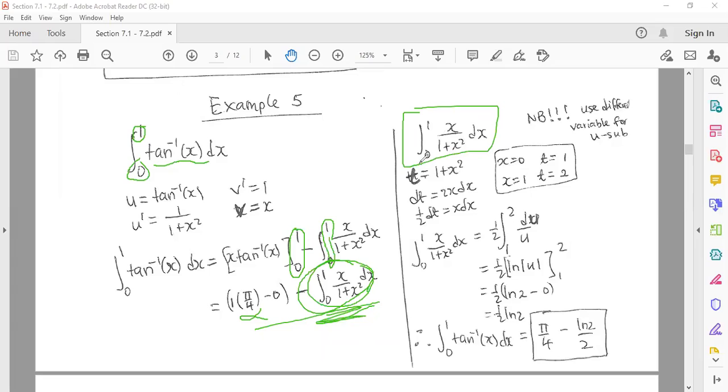Why u sub? U substitution arises when you look at the function you're trying to integrate. You notice that if you let u be one piece of the function and you differentiate it, it will give you another function, all right? So in u substitution, if you have f of x and g of x, if you let u be f of x, if you differentiate that, it kind of cancels out with g of x.